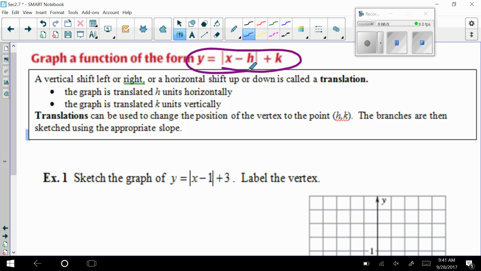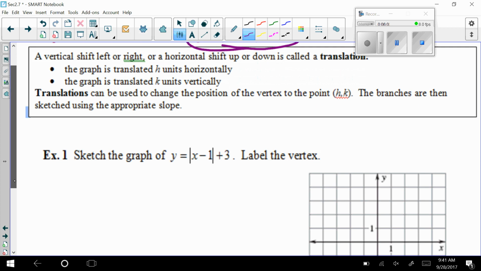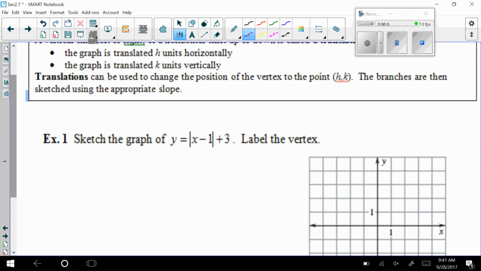Again, in the last slide, we saw the vertex at 0, 0, but that's not going to be true for every absolute value function you see. So when we translate an absolute value function, we change the vertex to the point h, k. The number of units that it's translated horizontally are x values, and the number of units that it's changed vertically are y values.